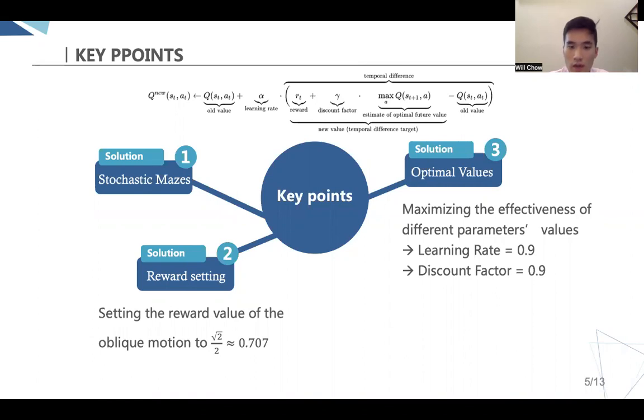The detail of oblique motion will be shown in the following section. Third, the appropriate learning rate and the discount factor should be found, since optimum values can result eventually in great outcome. With the following analysis and comparison, when the learning rate and discount factor are both set to 0.9, it can lead to a better outcome.